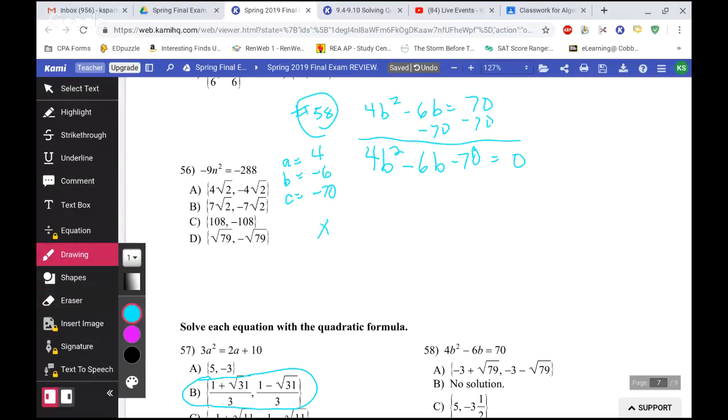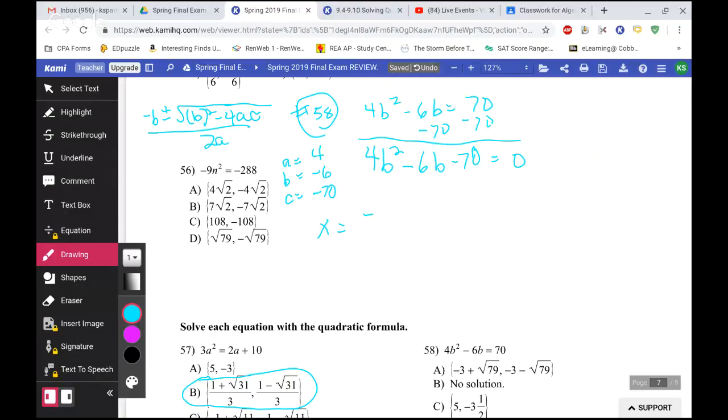All right, so now we're going to start plugging in. Is this a problem for anybody? Okay. So we know it is the opposite of B plus or minus the square root of B squared minus 4AC all over 2A.